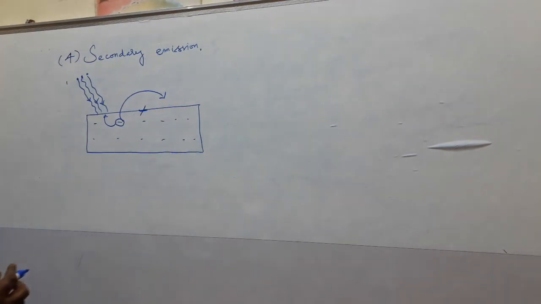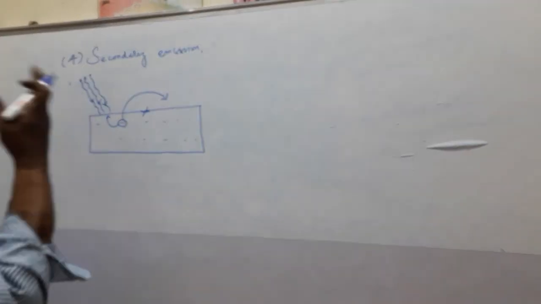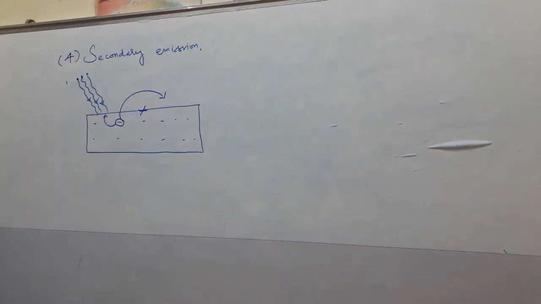This process is called secondary emission. Here the number of electrons emitted is directly proportional, by the same phenomenon, to the intensity of the incident electron beam.